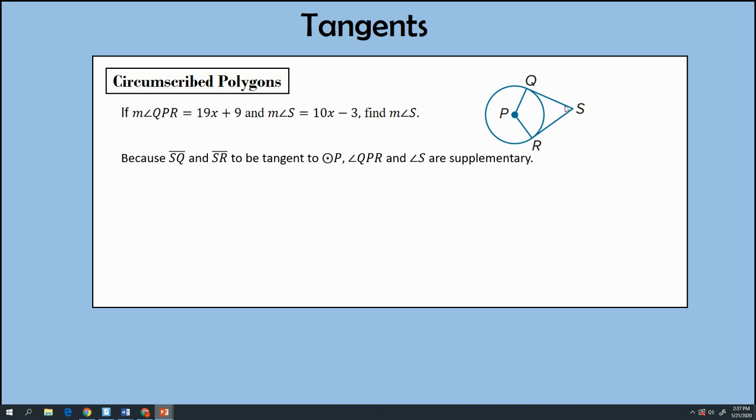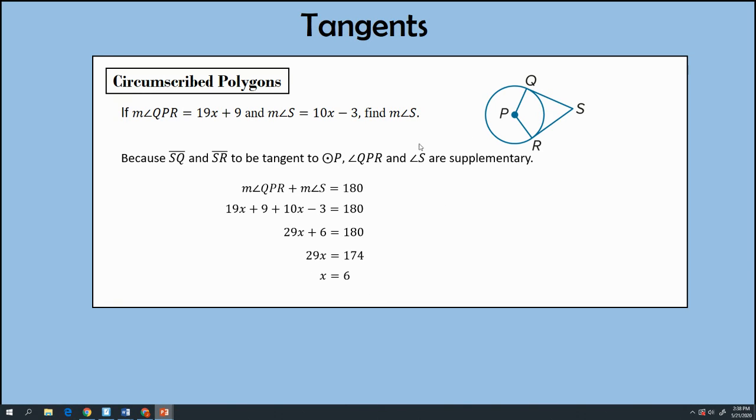So angle QPR plus angle S have to equal 180. QPR is 19x plus 9, S is 10x minus 3, and that's got to equal 180. 29x plus 6 equals 180, just combining like terms. Subtract the 6, divide by 29, and x is equal to 6.